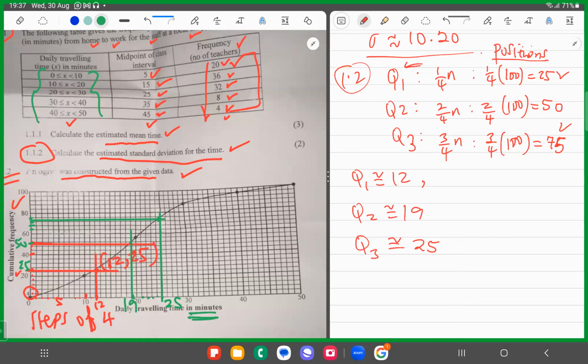Right, I must indicate that there are formulas sometimes that can be used to do these calculations.